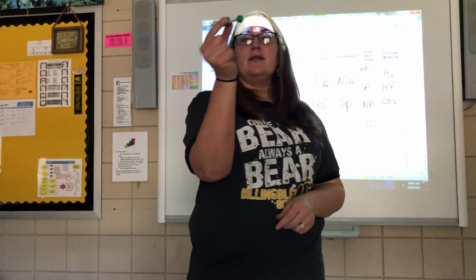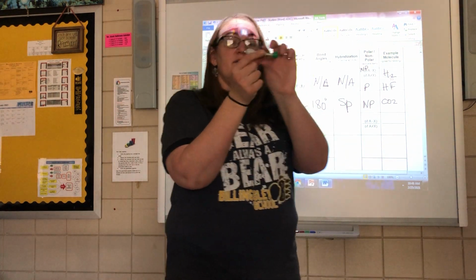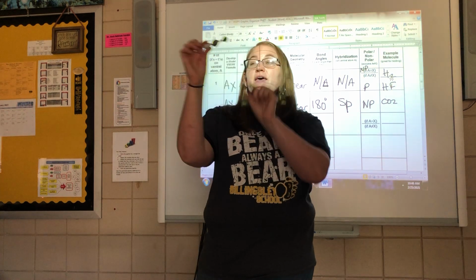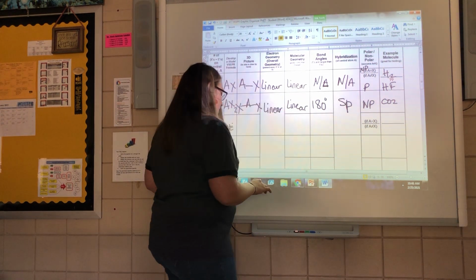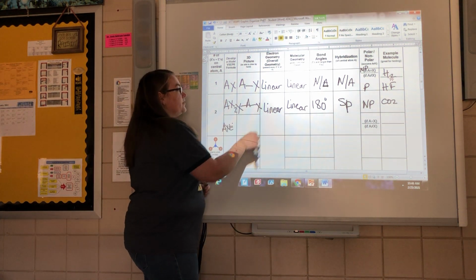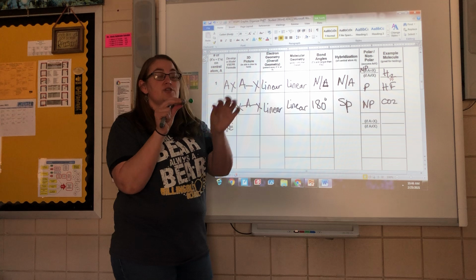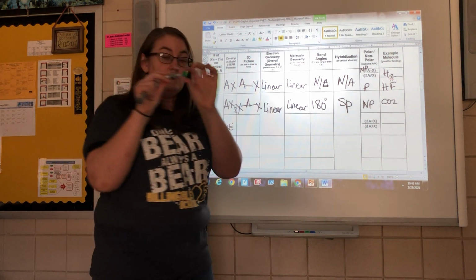What shape are my atoms in still? Linear. They're still linear. Okay? I've got the electrons here, but my bond and my atoms are still in the linear shape. So the overall molecular geometry is still linear. It's still on a line.